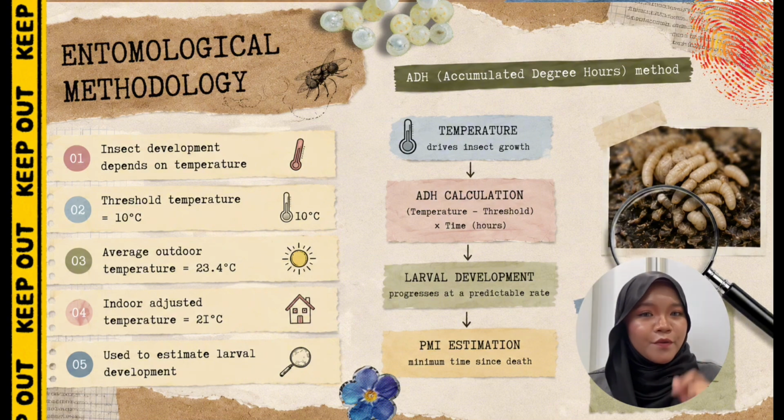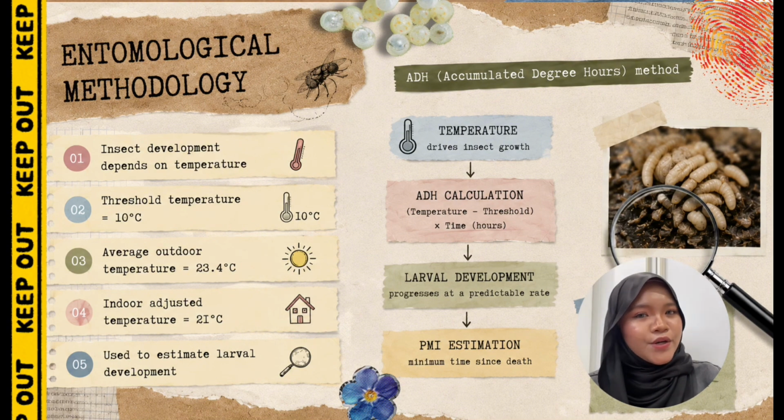Since the body was discovered inside an apartment, the average outdoor temperature of 23.4 degrees Celsius was adjusted to 21 degrees Celsius to better represent the indoor environment. The calculated ADH values were then compared with the known developmental data of Lucilia sericata to assess larval growth and insect age.